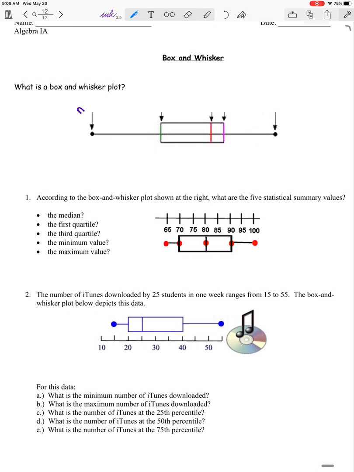There's the minimum, there's the maximum. So that means the highest and lowest data points in the set of data. There's the first quartile.